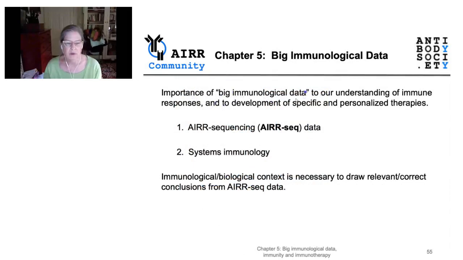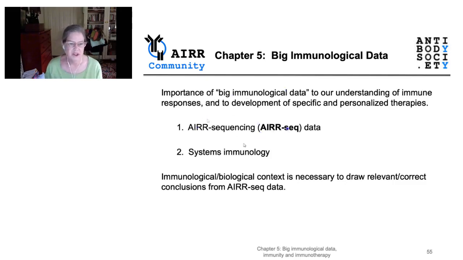The last thing I just want to say in closing, before I take questions, is the importance of what we call big immunological data in aiding our understanding of immune responses.